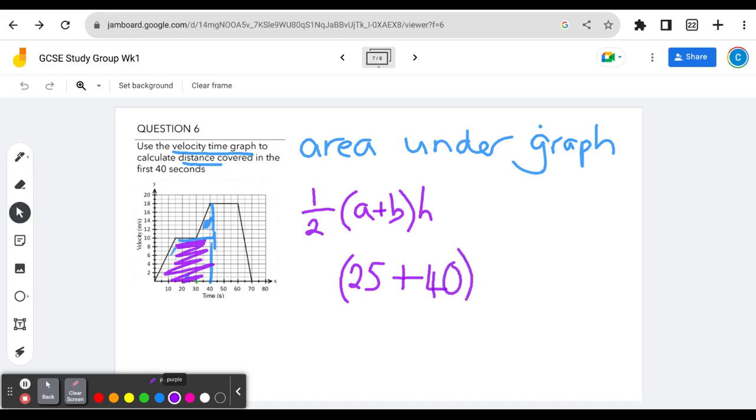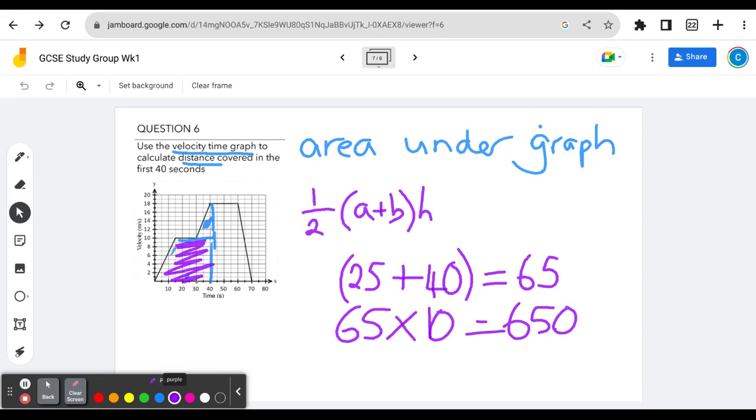So we're going to add that together, and that gives us 65. And then we're going to multiply that by the distance between them, which is 10. So that gives us 65 times 10 gives us 650. And then that's the height there that I used, that I found that 10. And then I'm going to half that, which gives us 325.